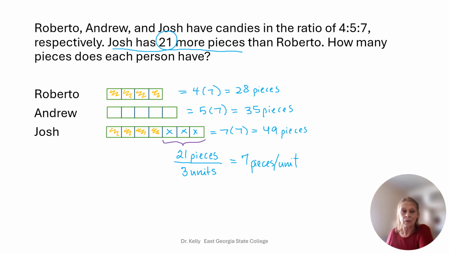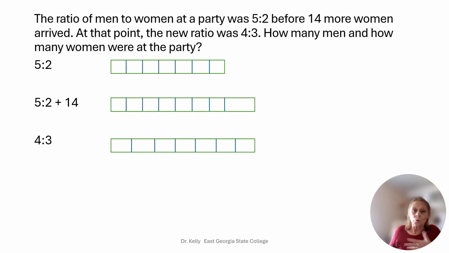All right. The more you work with the bar graphs, the easier they get, and the more effective a tool they actually are. Let's take a look at this last example here. The ratio of men to women at a party was 5 to 2. So before I get any further, I'm going to declare that this is men to women.